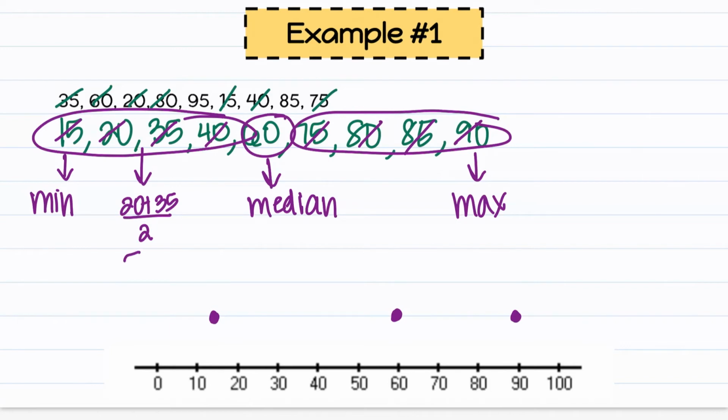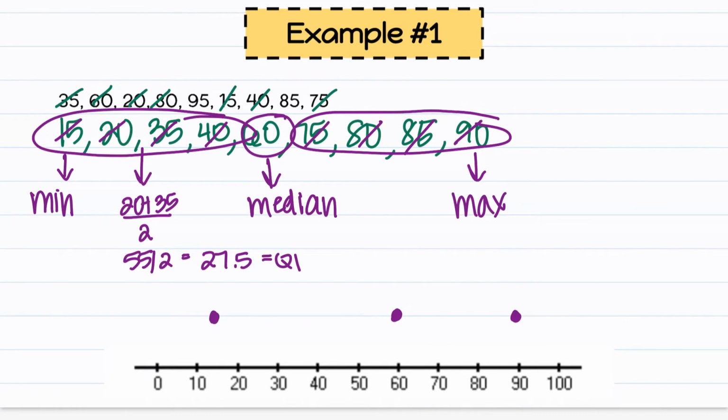So we get 55 divided by 2, which gives us a value of 27.5 for our first quartile.